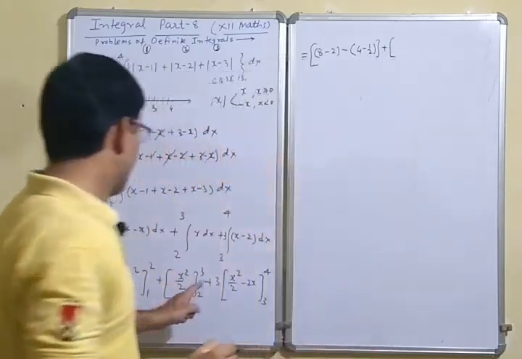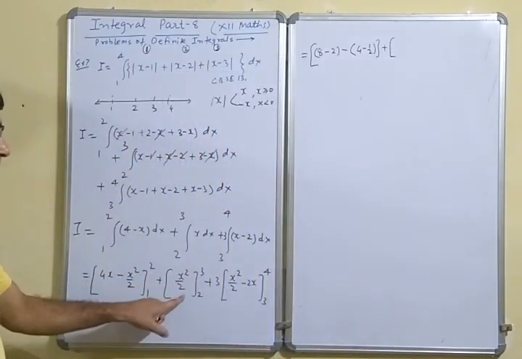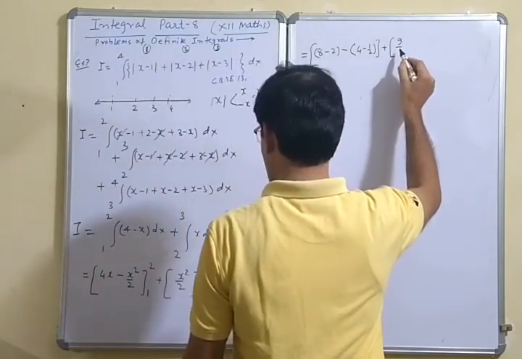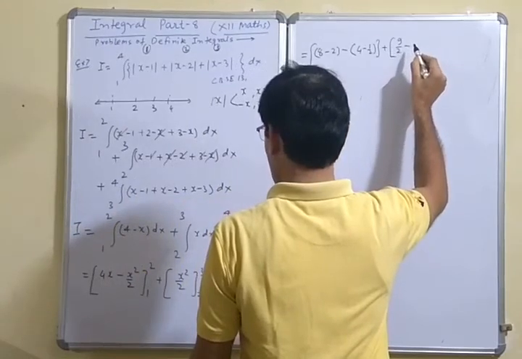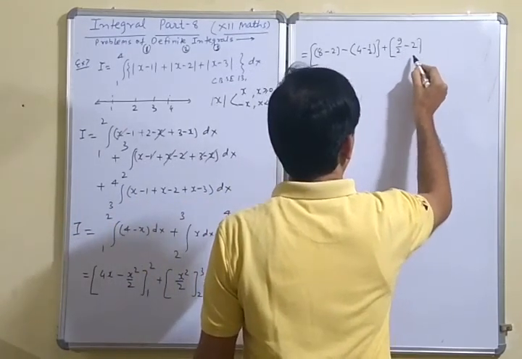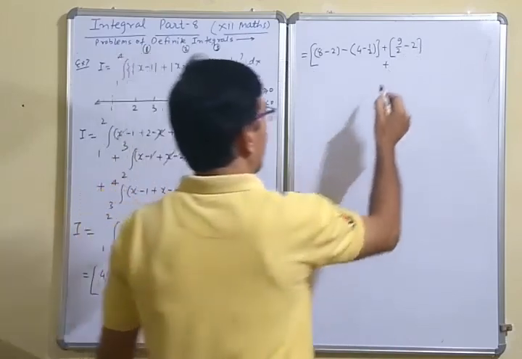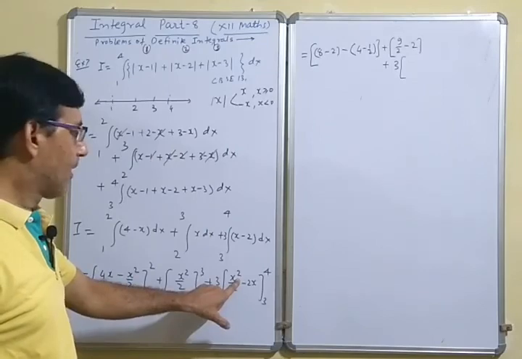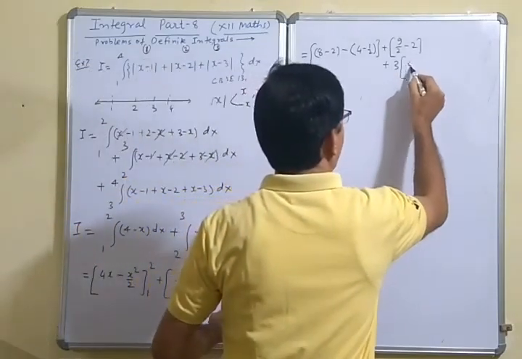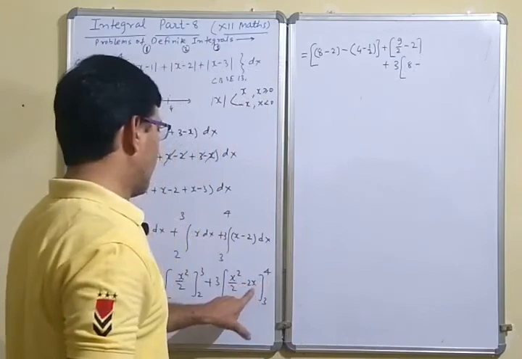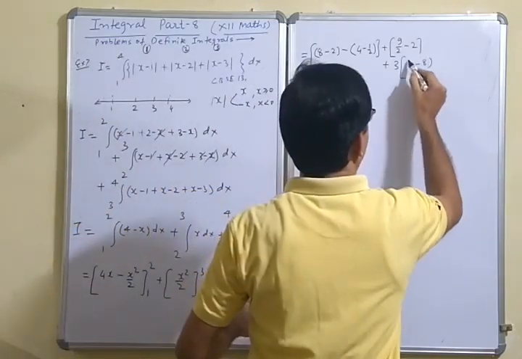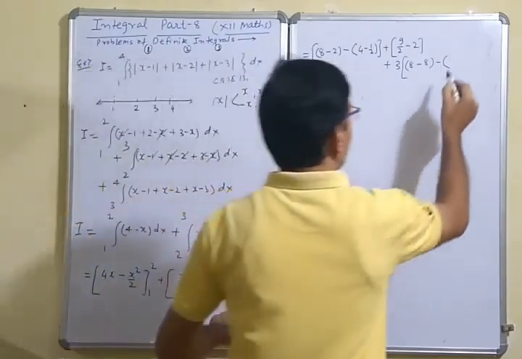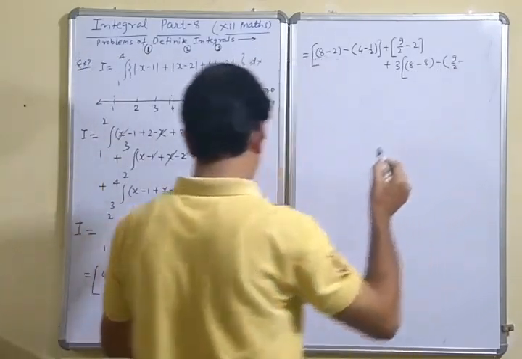Now the second one, 3 whole square, that is 9 by 2 minus 2 whole square 4 by 2 is 2. And plus the last one, 3 times the upper limit 4 whole square 16 by 2 is 8 minus 4 into 2 is 8, minus 8 in bracket, minus the lower limit 3 whole square 9 by 2, that is 9 by 2 minus 3 into 2 is 6.